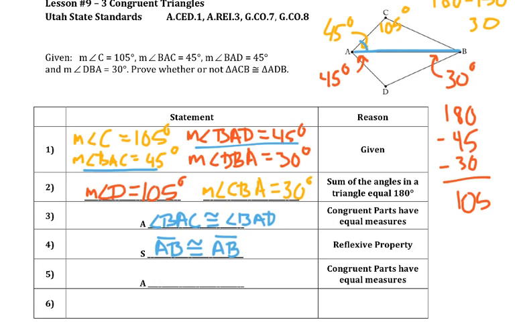Now, the other angle is going to be over with B. So we're going to have angle DBA is congruent to angle CBA. That's one of the ones we found, knowing the sum of the angles in a triangle equal 180 degrees.